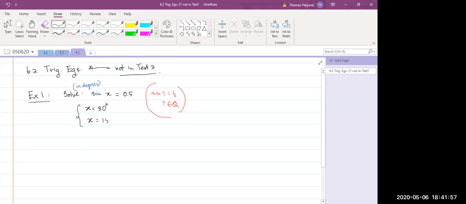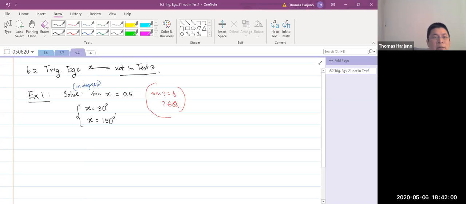150 degrees. Now, if the question is find all the solutions, then I need to anticipate using every multiple of 360 degrees. So this will be the solution in degrees for all solutions.